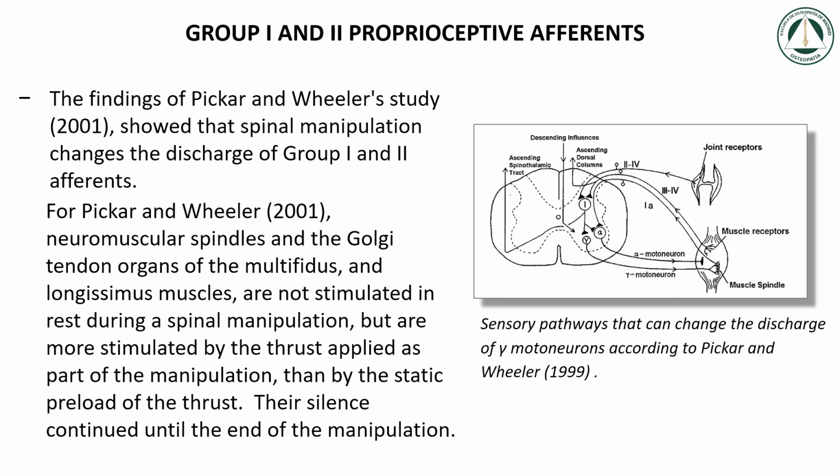Their silence continued until the end of the manipulation. The picture on the right shows the sensory pathways that can change the discharge of gamma motor neurons, according to Pickar and Wheeler, 1999.